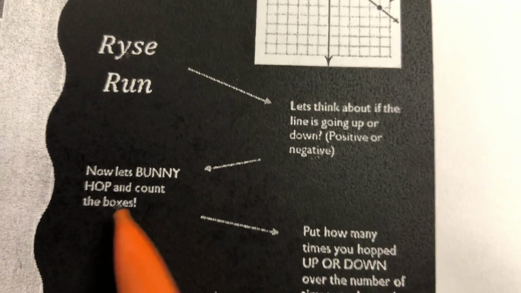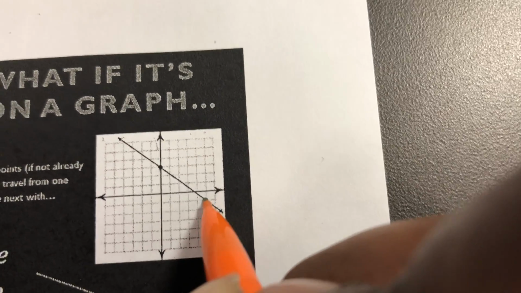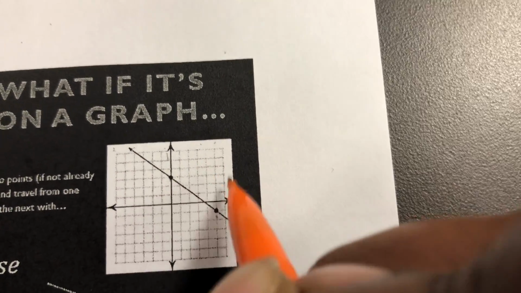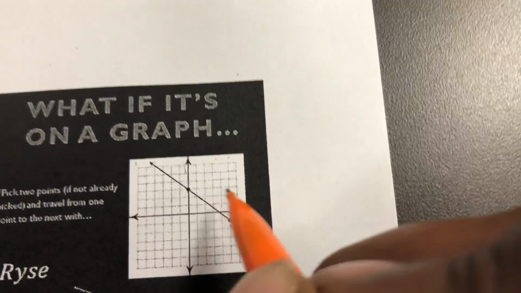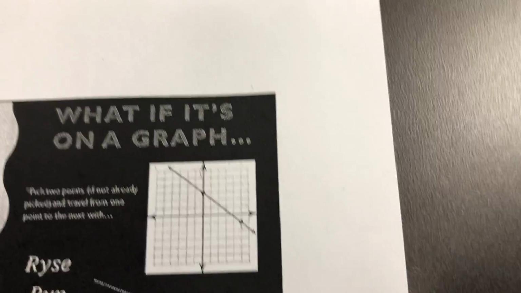So we're going to bunny hop and count the boxes, all right? So if we're going from this point to this point, all right, then we have to be able to bunny hop some boxes up and down, bunny hop some boxes left or right, okay?